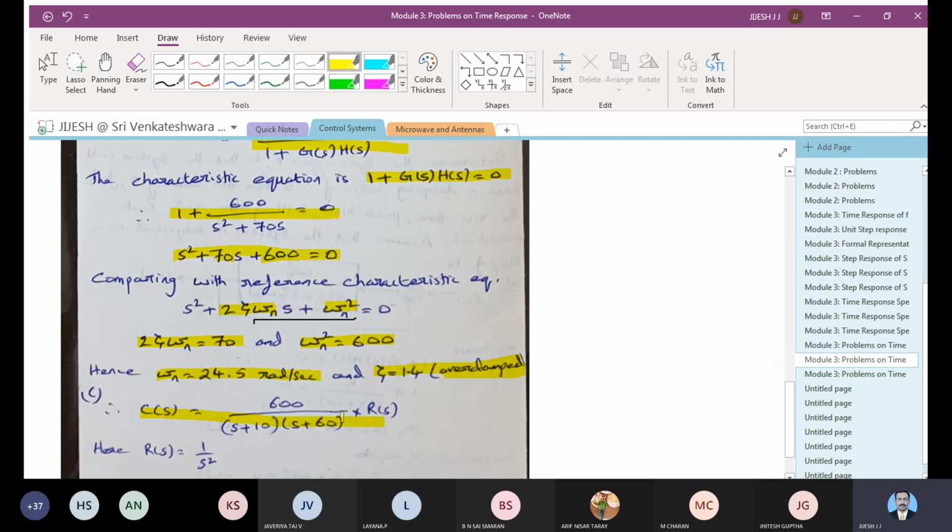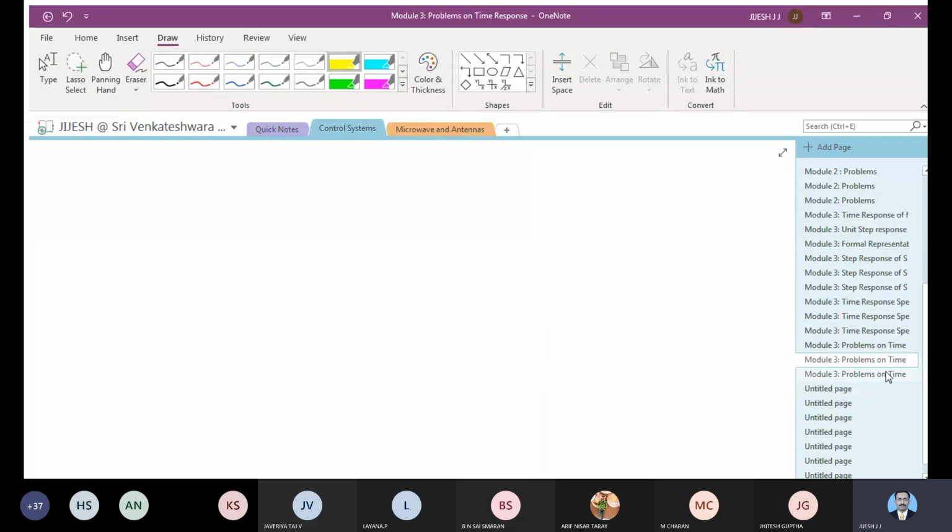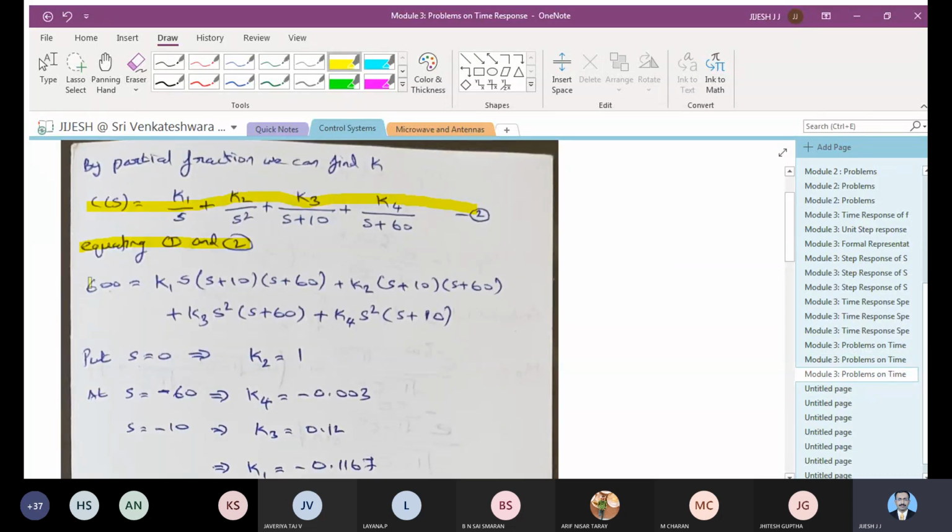By comparing with equation 1, you have to rewrite that equation. So 600 is equal to k1, with the terms that are not there, so it will be s into s plus 10 into s plus 60. Plus k2, with the terms not there, s plus 10, s plus 60. For k3, s square, s plus 60 will come. For k4, s square, s plus 10 will come. So this is what you are going to get.